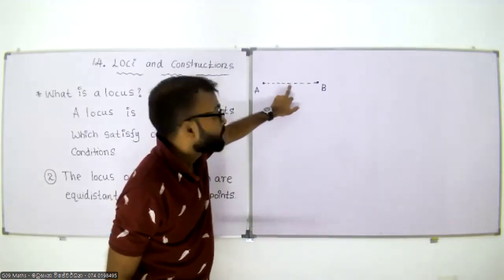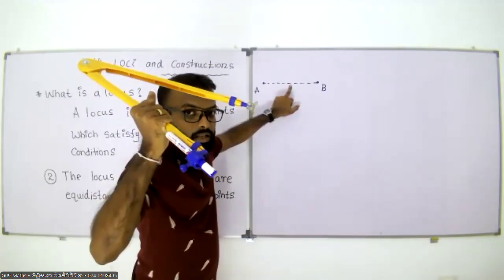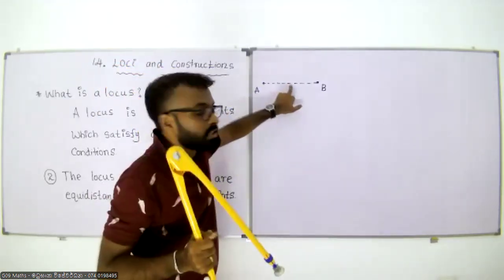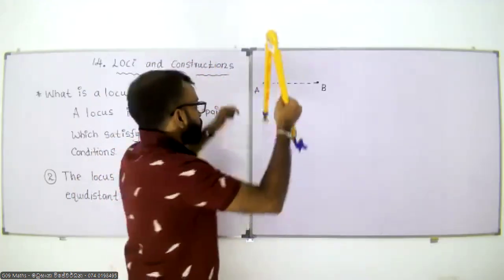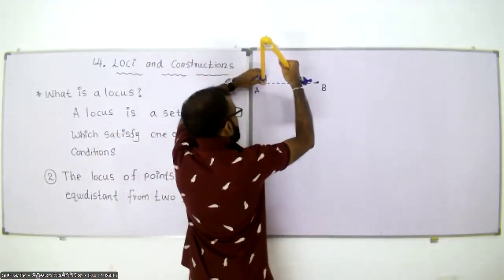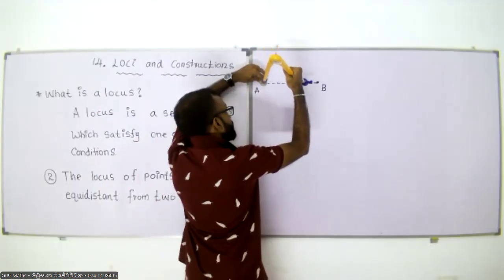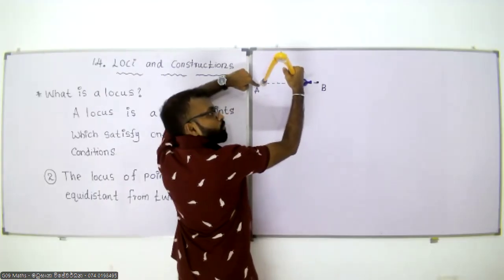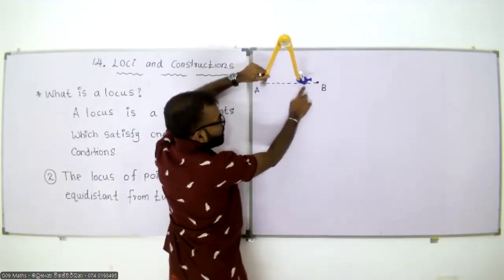And take more than half of the length of this AB line in your pair of compasses. So it would be something like this. Place the point of the pair of compasses on point A, then take the distance more than half of this line.